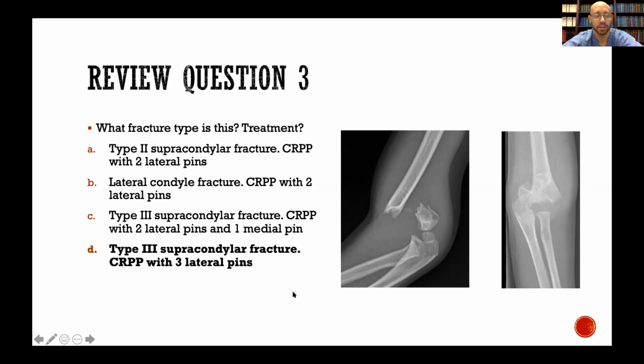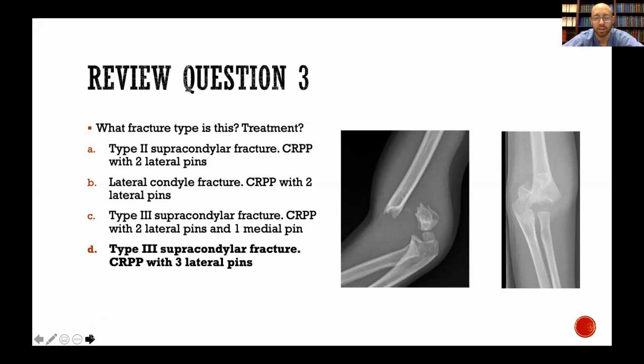And if you guys logged onto the Instagram account today, there's a post about which pins are the most biomechanically advantageous. Out of this institution, Dr. Saberwal looked at this, and they found that if you diverge your pins, meaning you spread them out and have the tips of the pins going away from each other, that gives you the most biomechanical stability.